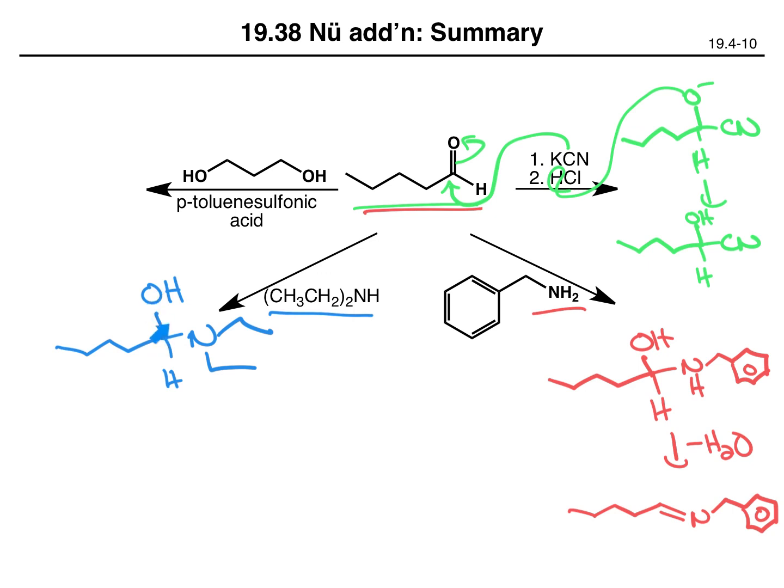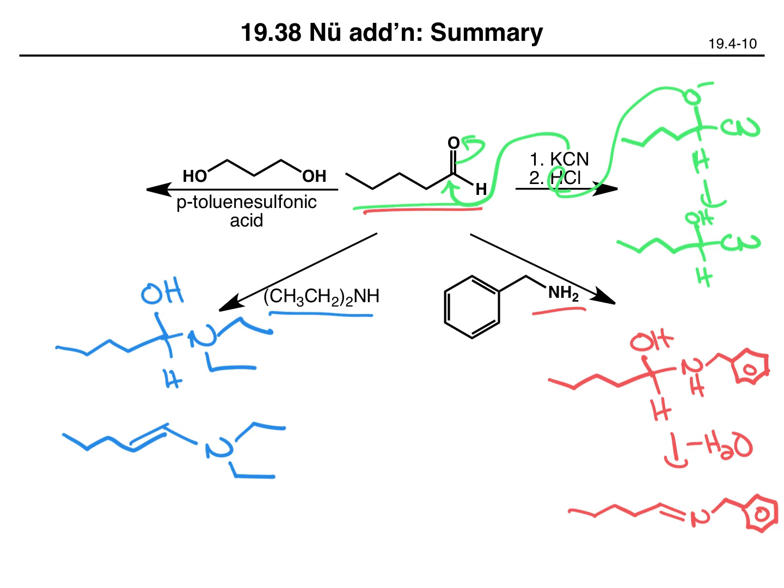We can lose the OH from this carbon, but there's no hydrogen over here, so it has to lose a hydrogen from over here. So that will give us this, probably as a mixture of cis and trans. And notice in this case, this is what used to be the carbonyl carbon.